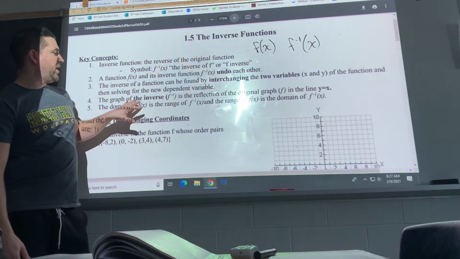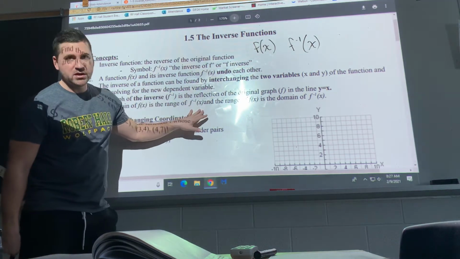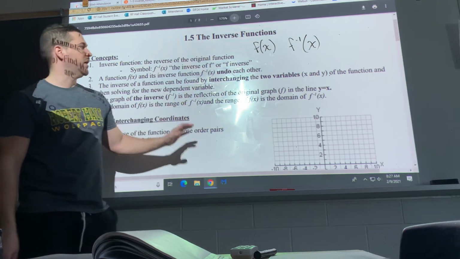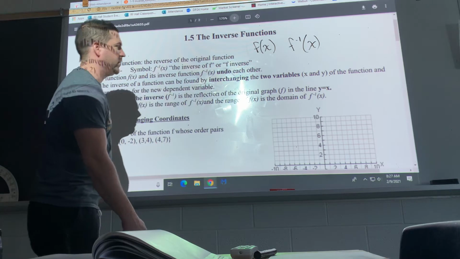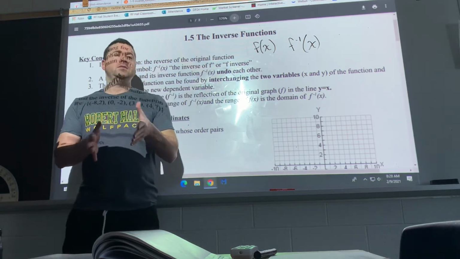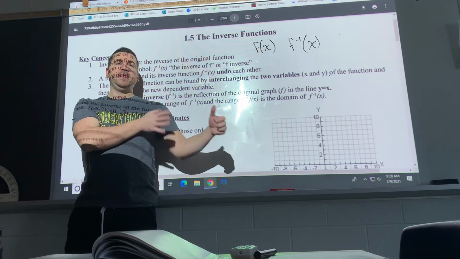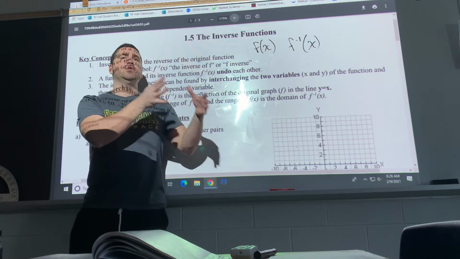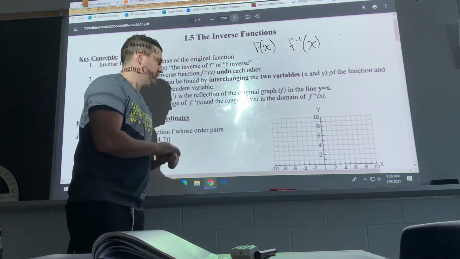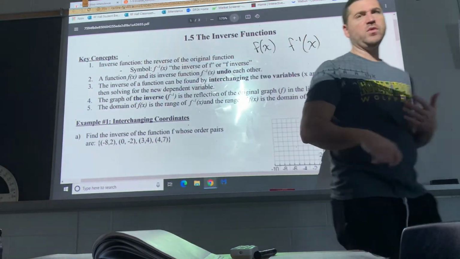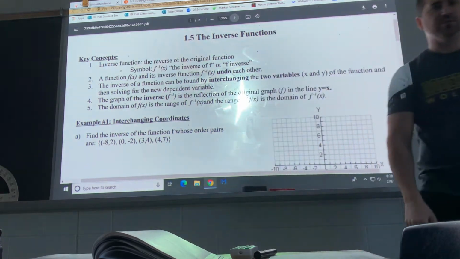Whatever x values are used for the domain of the function become the y values of the inverse, and the range of the function is the domain of the inverse. So your x and y values are swapped. Again, I'll show you with the examples. It might make no sense right now, but I'll do a bunch of examples and it should make sense then.